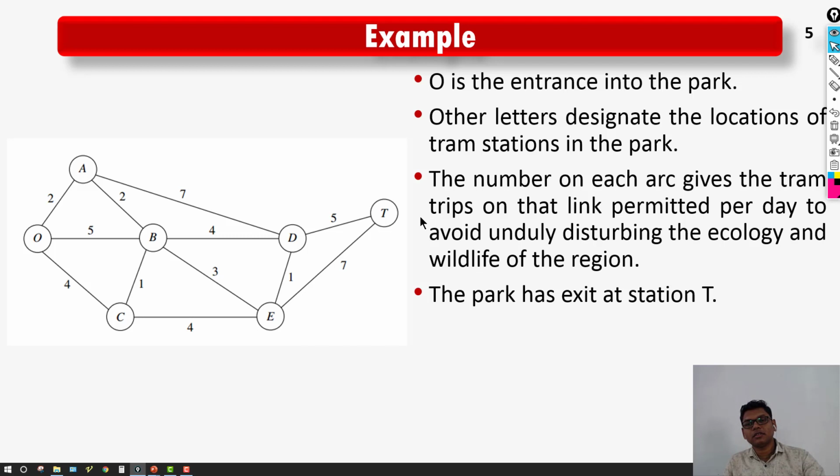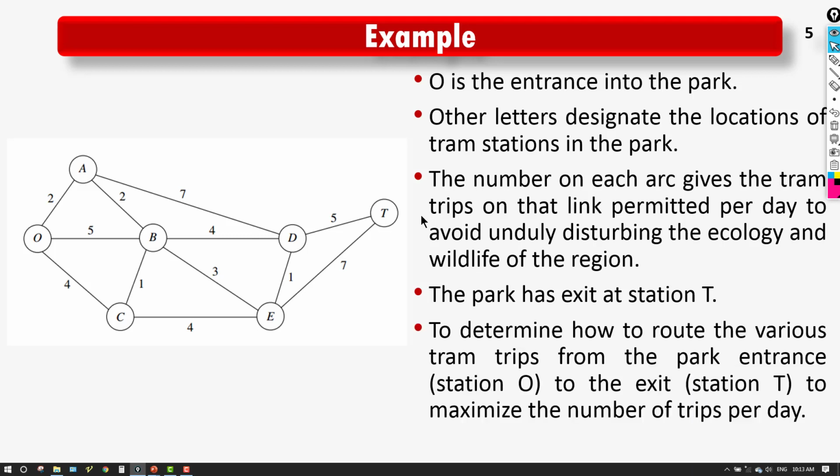Then T is obviously the exit point. The question is to determine how to route the various tram trips from the park entrance to the exit to maximize the number of trips per day. So that is the question: how many maximum number of trips are possible from O to T, by adopting different paths.